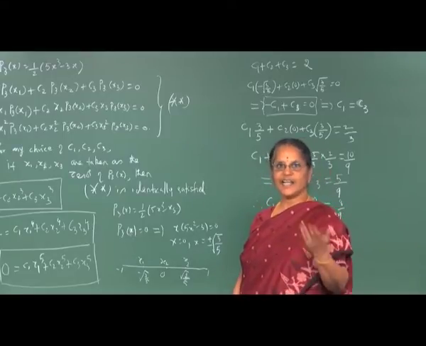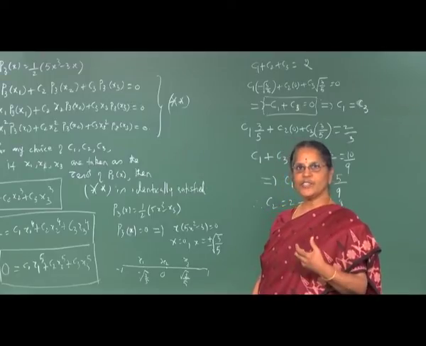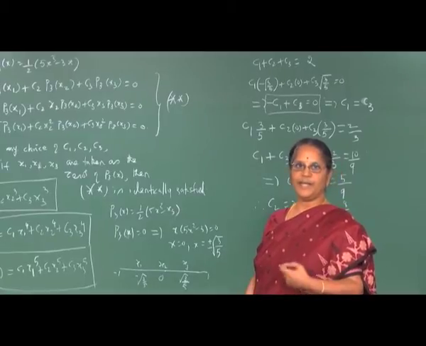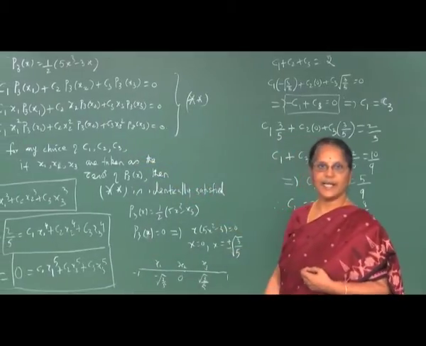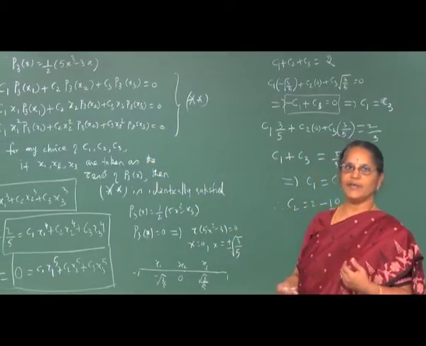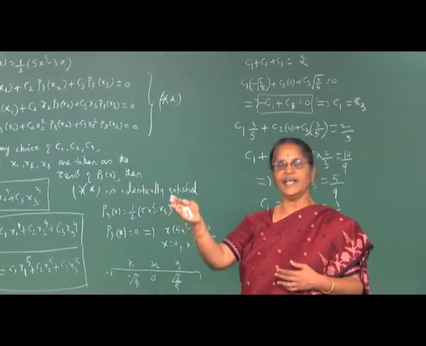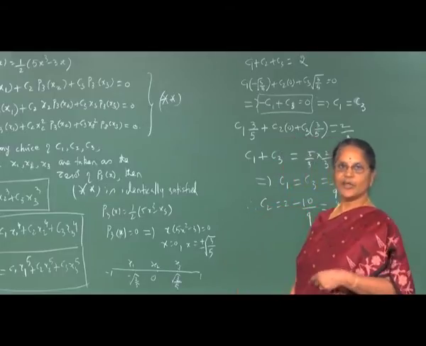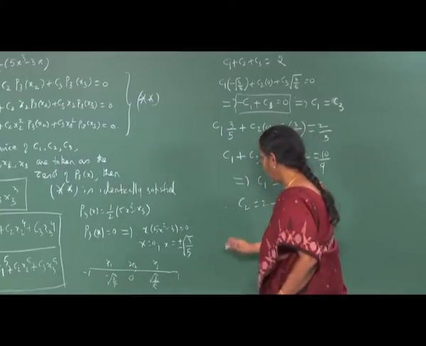So, it is clear that if n is some k, then the nodes must be chosen in such a way that they must be the zeros of Pk of x equal to 0, and the corresponding constants C1, C2, etc., Ck can be determined, and the method will be exact for polynomials of degree greater than k. In fact, they will be exact for polynomials of degree less than or equal to 2k minus 1. So, let us write down the details when n is 3.